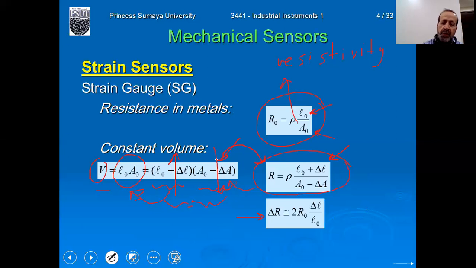Then we have this approximation, which says that delta R is approximately equal to 2R0 times the strain. This is the strain. Okay. And this is a very important formula. We will see it next slide, inshallah.